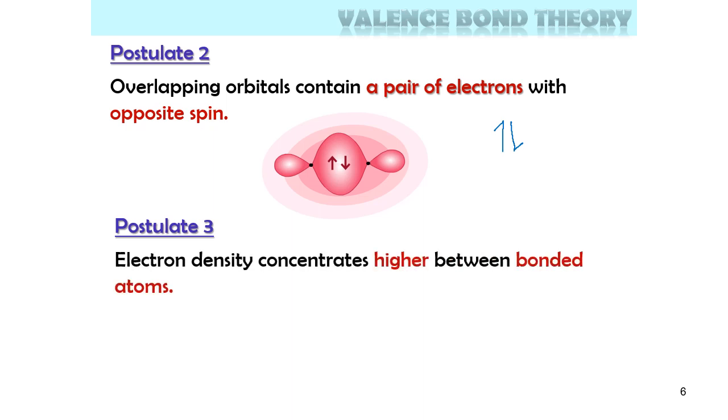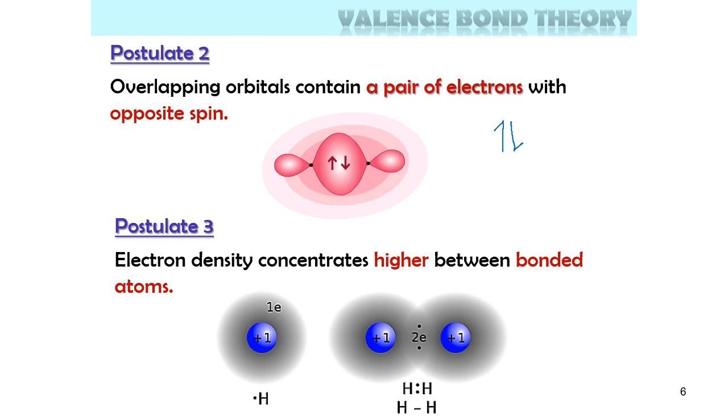The third postulate is electron density concentrates higher between bonded atoms. So when you have overlapping in the middle between atoms, the electron density will be higher in this region.